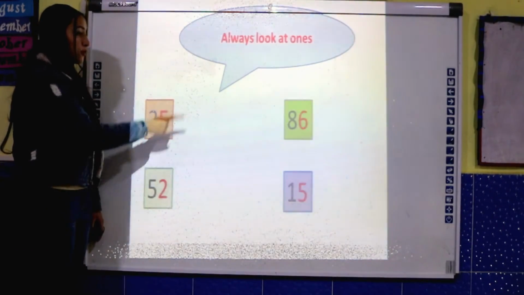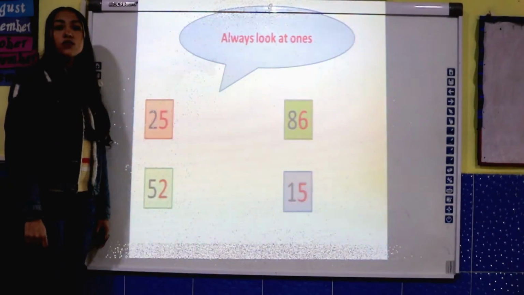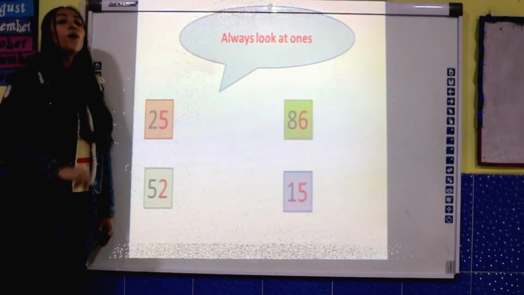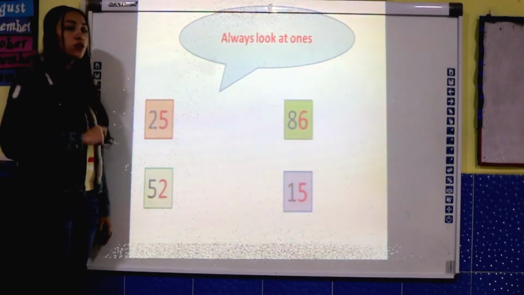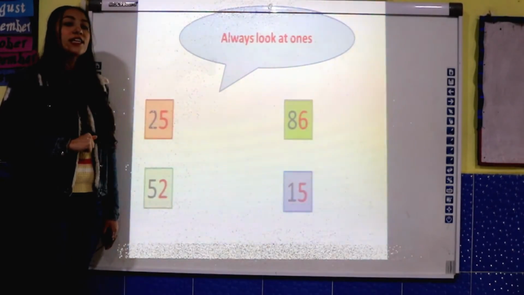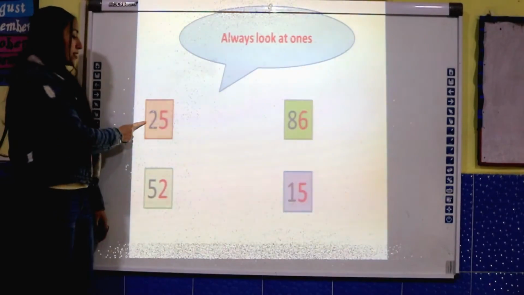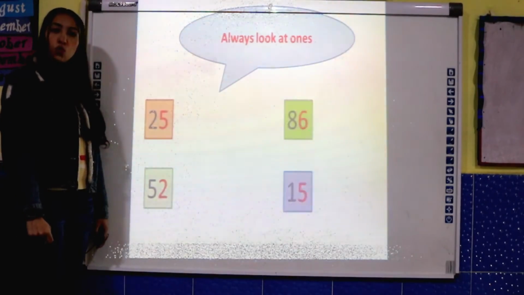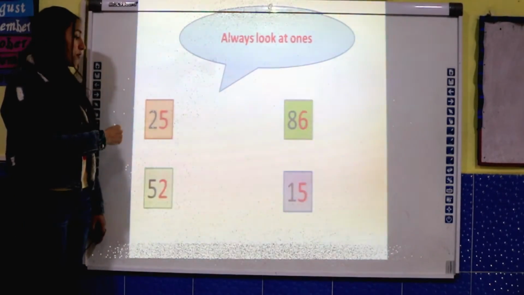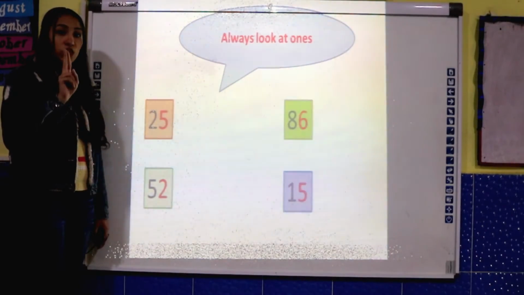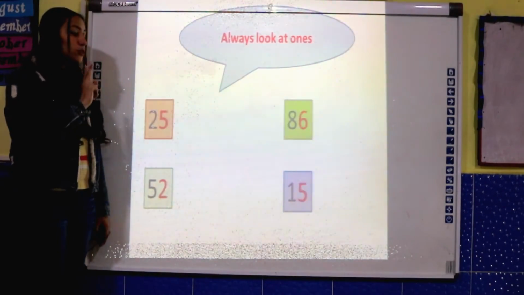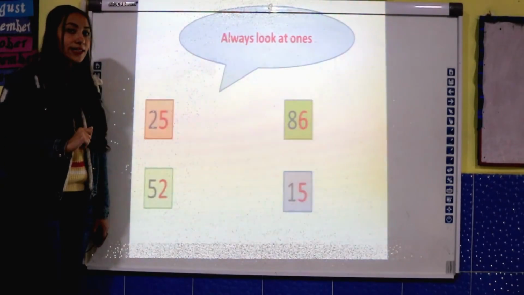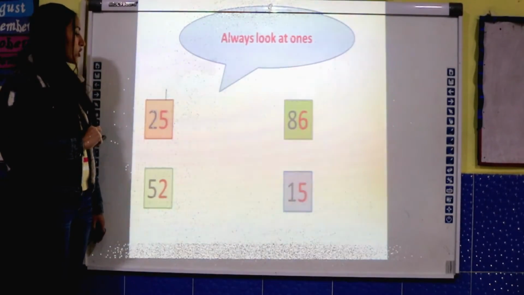I have here 4 numbers consisting of two-digit numbers or more. Now I want you to help me to see which number is an odd number and which number is an even number. What is this number? 25. And 25 consists of two-digit numbers. As I told you, with our song, two-digit numbers, look at ones.